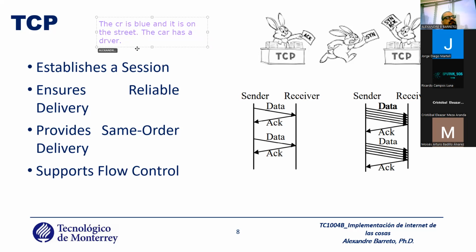When you read this message, if you have lost part of the information, for example, here I miss the A, here I miss the I, you can still understand the sentence because our brain can complement the missing information.